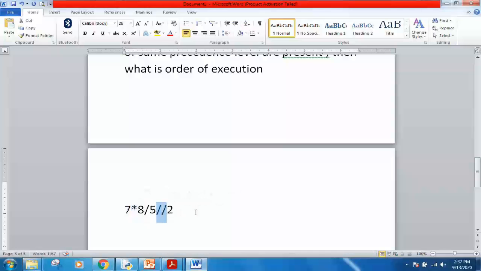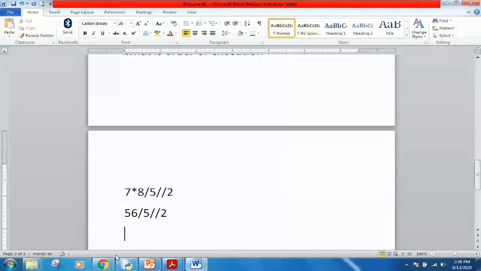Now this expression already contains multiplication, division and floor division operators. Which operator you solve first is decided by the operator associativity rule. First you will go left to right. So 7 into 8 will be solved first. It will be 56 divided by 5 and then floor division by 2.